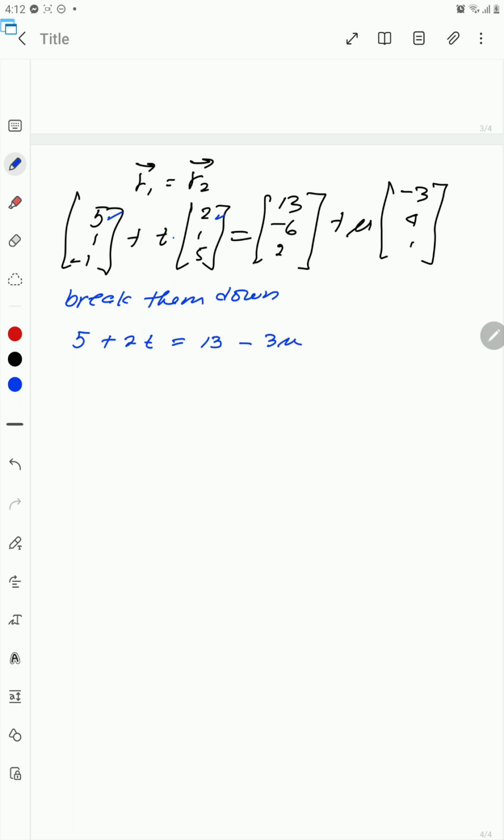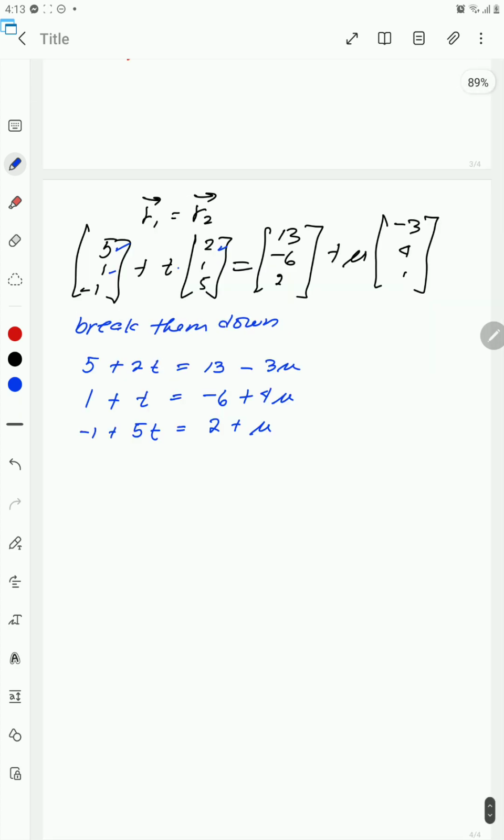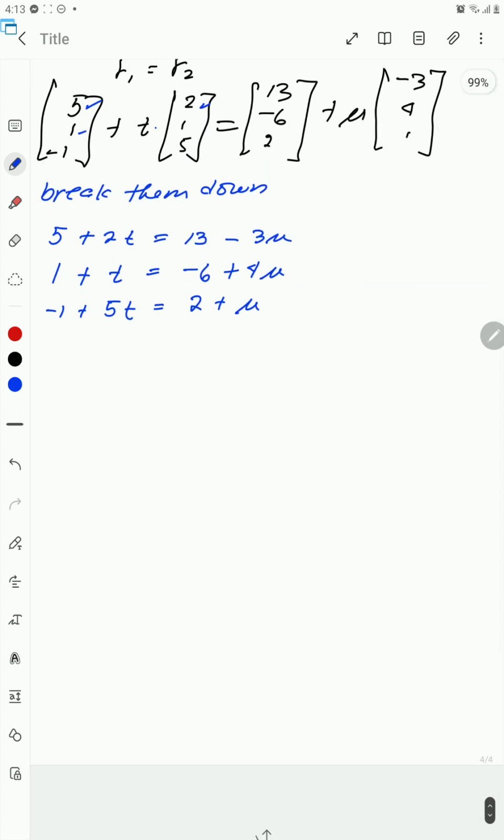The other one is 1 plus t equal to negative 6 plus 4 mu. And then negative 1 plus 5t is equal to 2 plus mu.